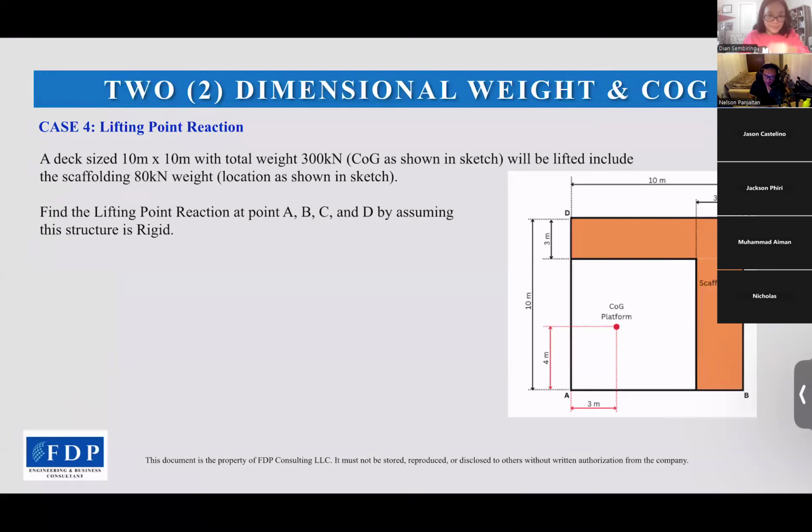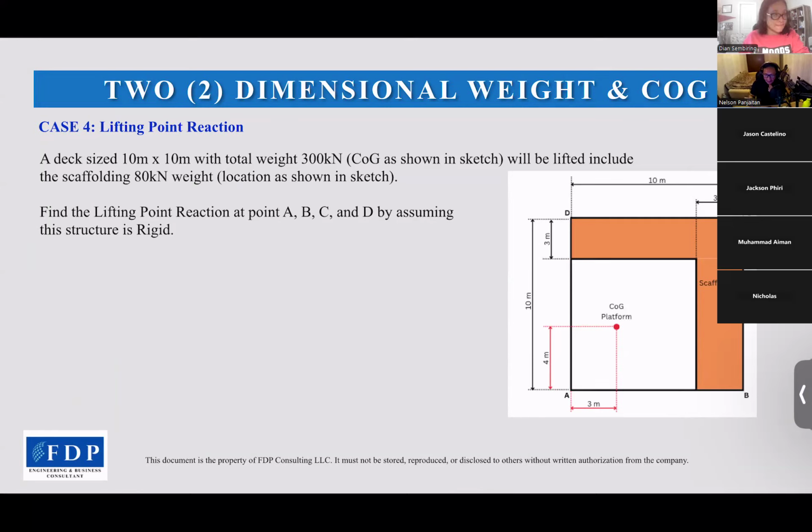Once we get a non-rigid structure, finding the lifting point reaction will be considered an indeterminate structure, where we need to introduce the deflection or elasticity of the structure itself to get the lifting point reaction. So this methodology is only for a rigid structure.